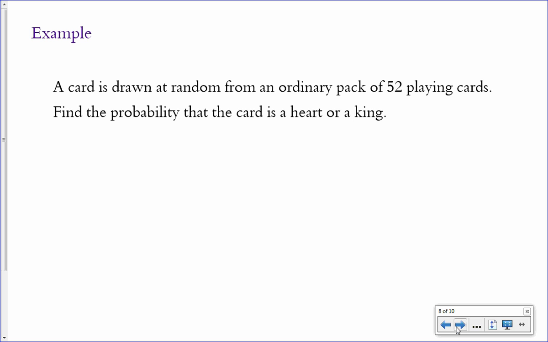So when I perform this calculation, all the denominators are already 52, so I can just add 13 plus 4 is 17, minus 1 is 16, and 16 out of 52, if you wanted to reduce it, would be what, 8 out of 26? Oh, that reduces further to 4 out of 13. Okay, that's the addition rule in action.